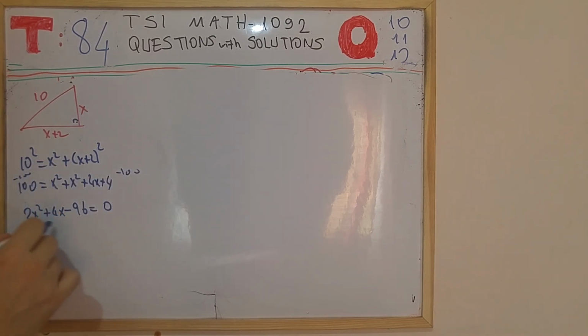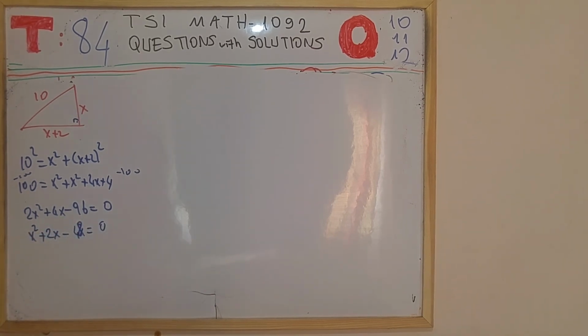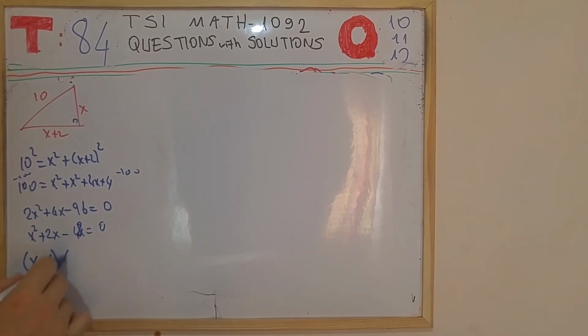When I divide this by 2, what I have is x square plus 2x minus 48 is equal to 0. And this means that this is actually equal to x minus 6 times x plus 8 is equal to 0.